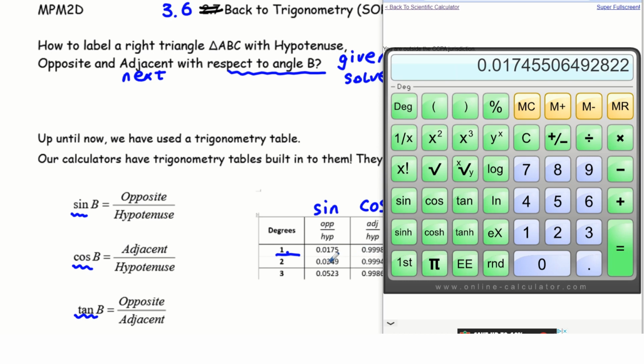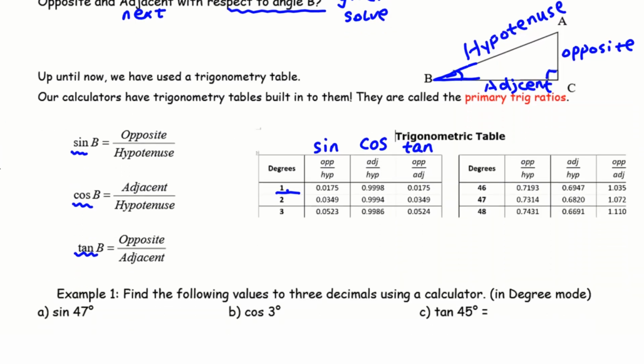So this matches our trig table. In future, when we need the opposite or hypotenuse ratios, we just enter the angle, then sine. So in future, we are going to use sine, cosine, and tangent instead of the trig table.